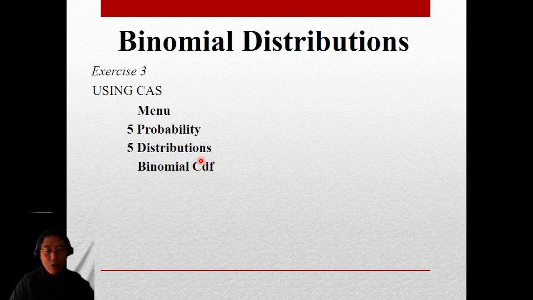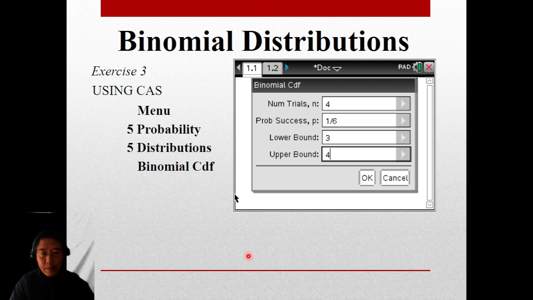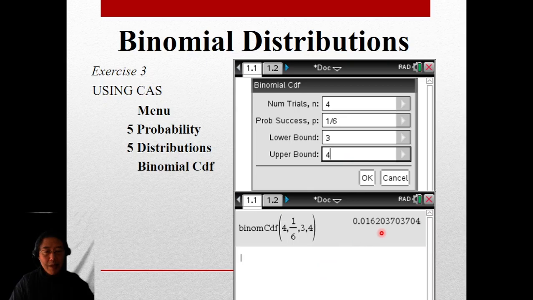C is for cumulative, so you will define a range, an interval of x values, so a lower value and an upper value. It will calculate all the probabilities in between and do the sum for you. Number of trials, probability of success, the lower value and the upper value, and you get the exact same answer.